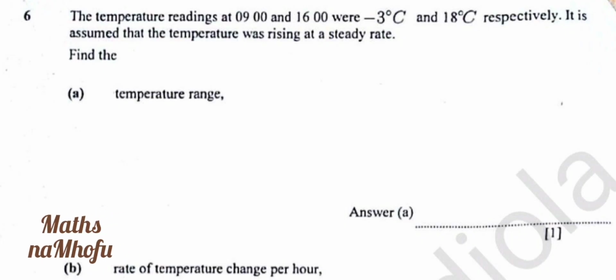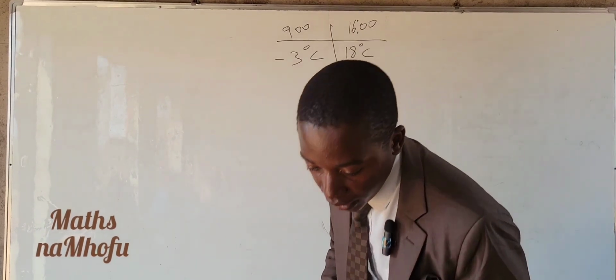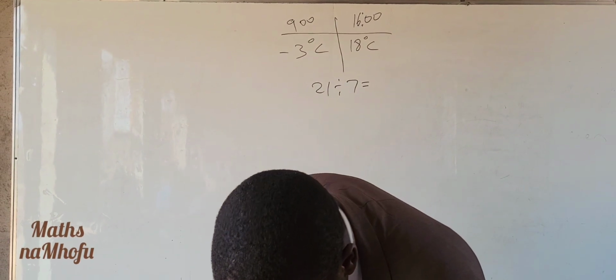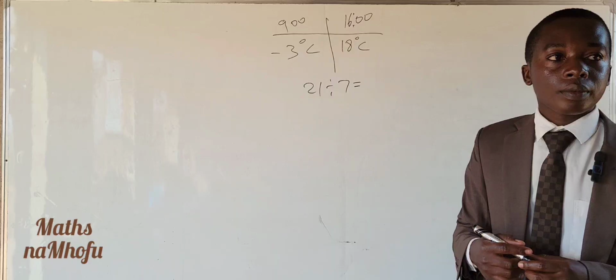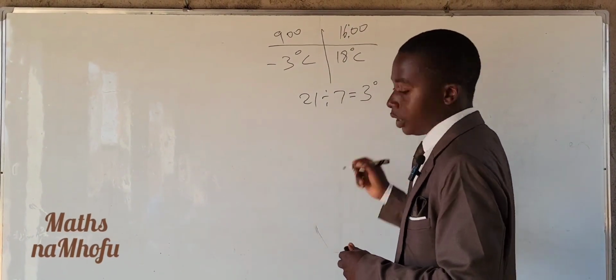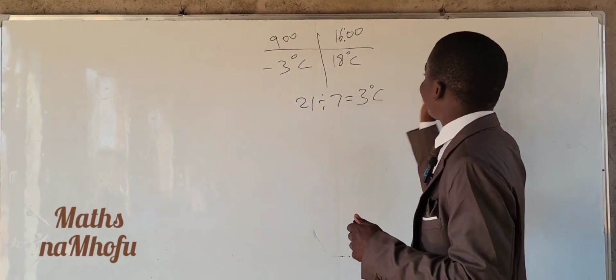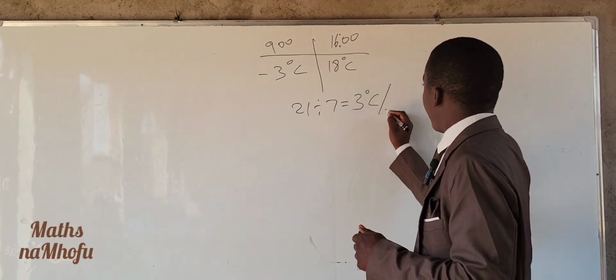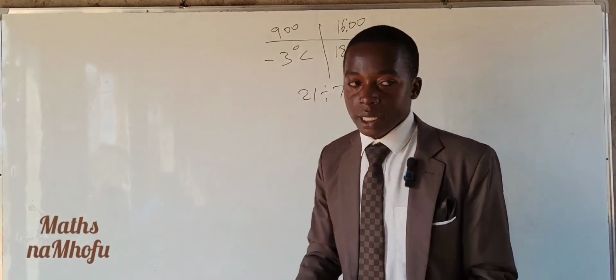So 21 divided by 7, what do we get? Yes, Mkuze. So it means it was changing with 3 degrees Celsius per hour. Are we together? Very simple and straightforward.